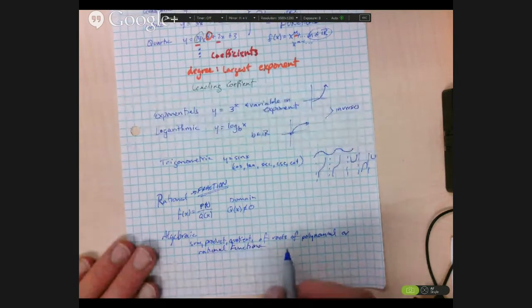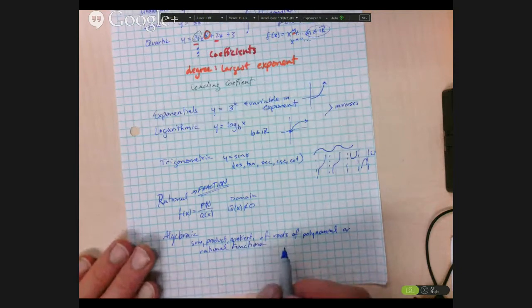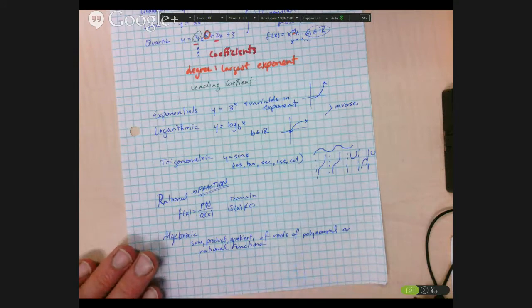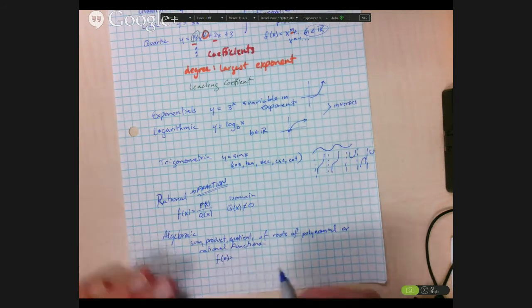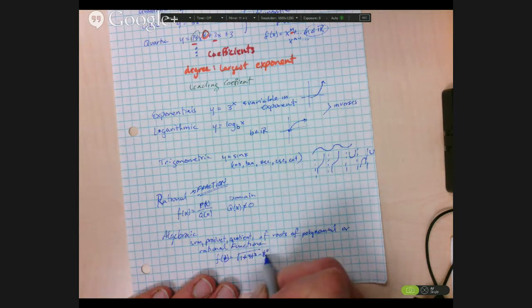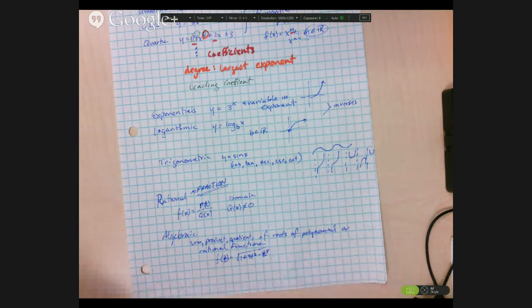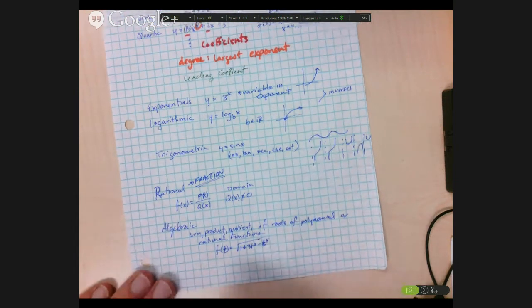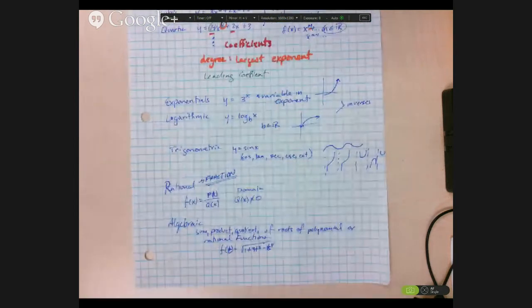Those would look something like this one out of your book. F of t equals 1 plus 3t squared minus x t to the fourth. So that's an example. There are some more examples in your book if you would like to look. I think that covers it. So you got lots of vocabulary words there.